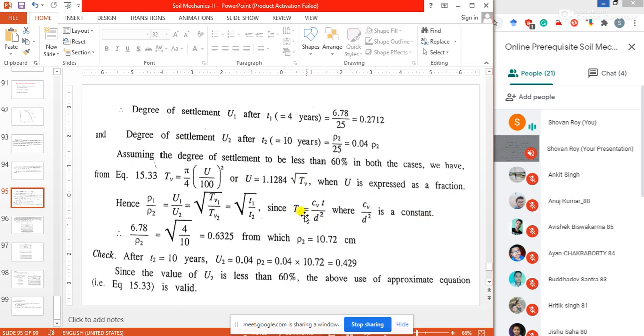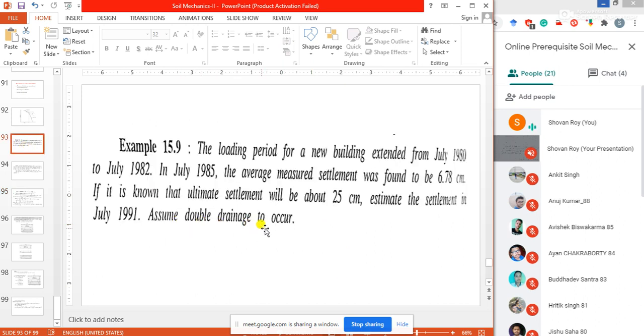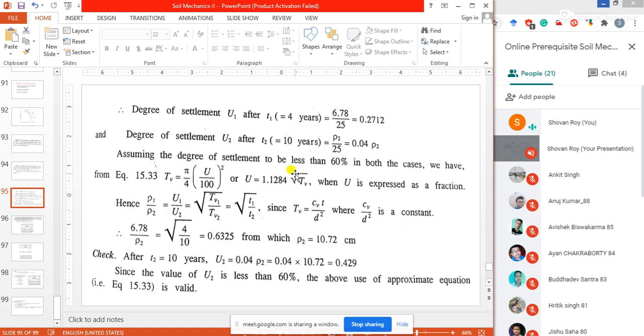In all the cases our coefficient of consolidation Cv is constant, because we are handling the same soil, so the coefficient is almost the same. And d is the drainage condition, already mentioned in the question: assume double drainage to occur. So in all the cases double drainage is there, so d is also constant. So we can write Cv by d square is a constant.